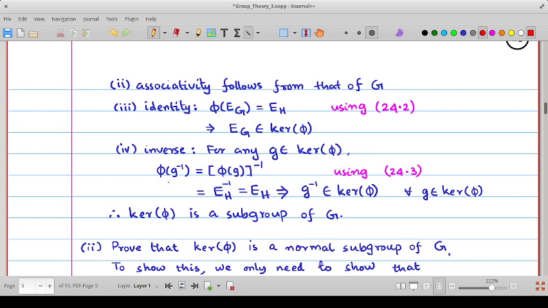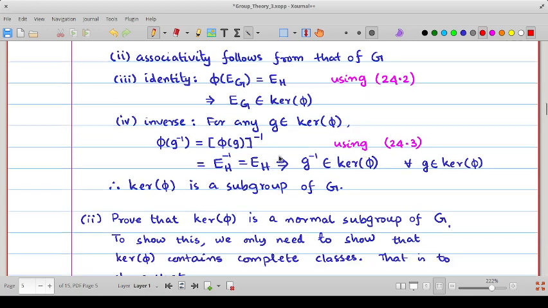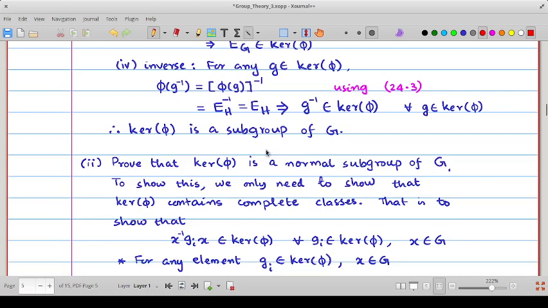So that means phi of G inverse is equal to EH, or in other words, G inverse is also an element of the kernel of phi. So we have now shown that the set of elements of group G identified as the kernel of phi, with the same group composition law as the composition of G, forms a group. So it is a subgroup of G.